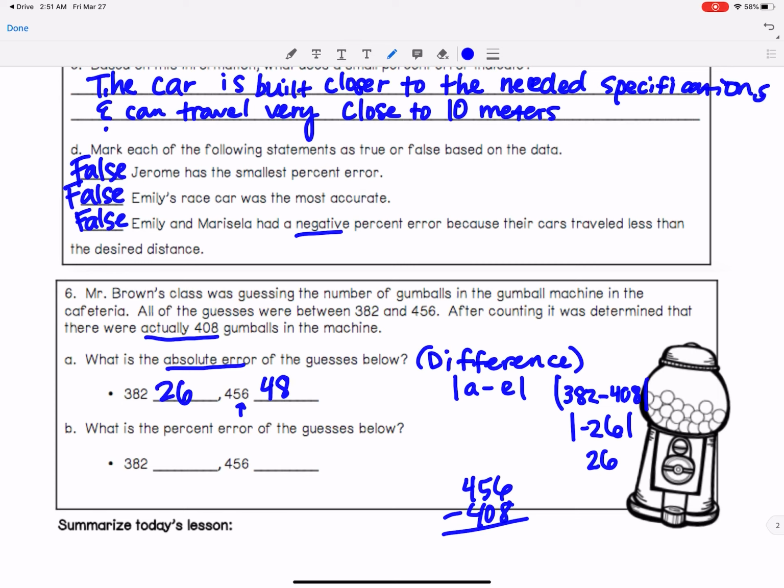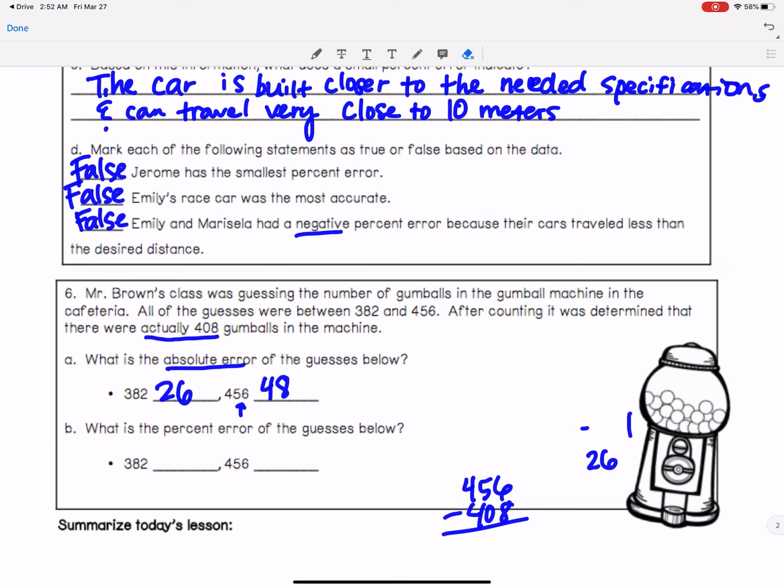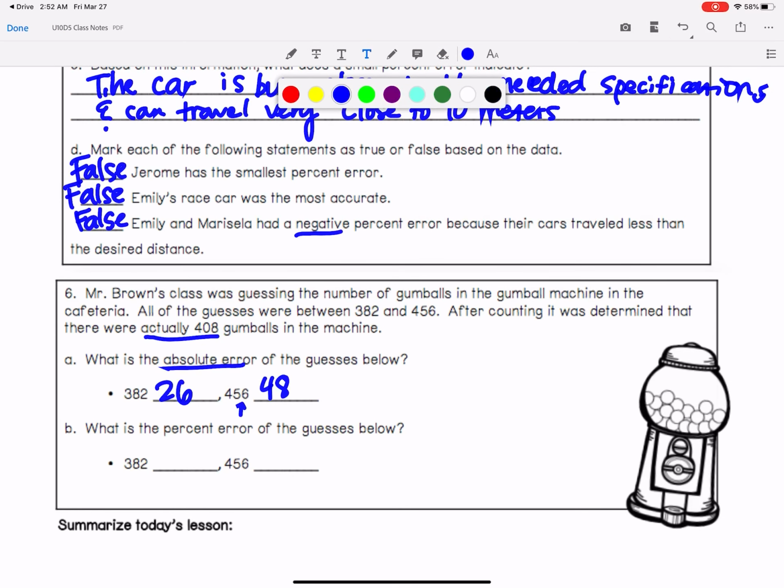For part B, what is the percent error of the guesses below? Now remember, for percent error, you have to use an equation. So I'm going to go ahead and write it out here for you. Let's switch up the colors because I'm getting sick of this one. Red. There we go.